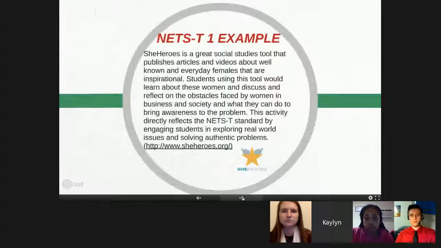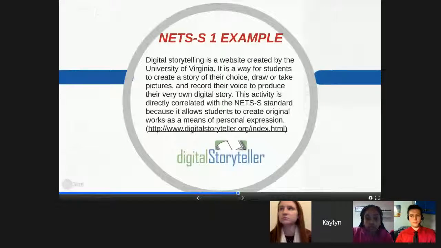My first example was sheheroes.com, which is a website that publishes articles about inspirational everyday females and well-known women as well. And digital storytelling for students to be able to tell a story of their choice using technology.